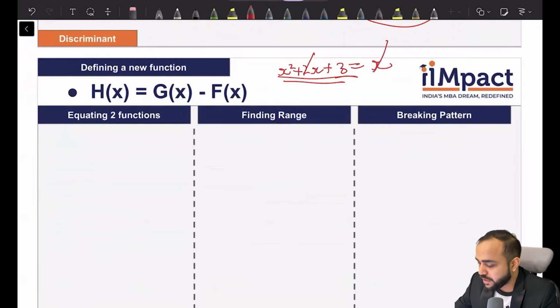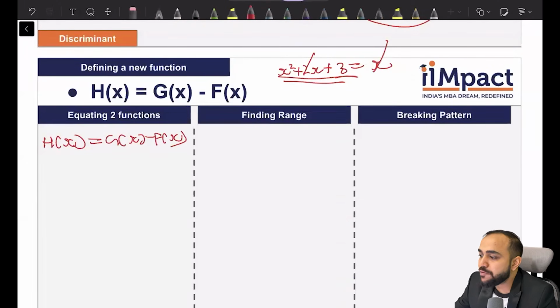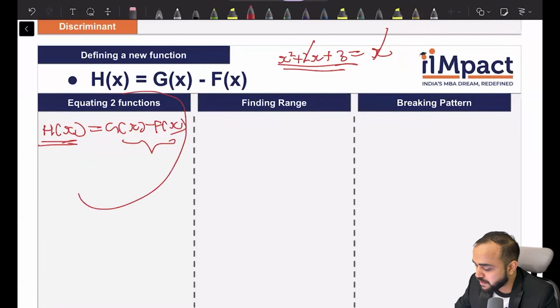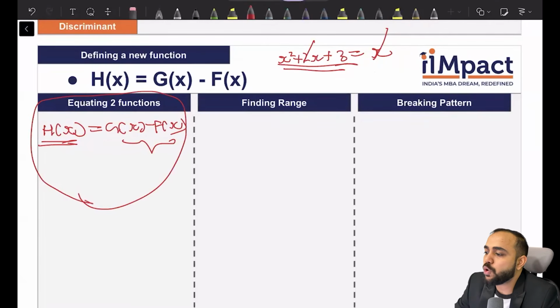What you have actually done is you have defined a new function h of x, which is g of x minus f of x, and you have found the roots for h of x, because when h of x is 0, you will have g of x minus f of x equal to 0, or g of x is equal to f of x. This part is not that important to understand. This is the reality, this is what is happening, but you don't really need to do this.